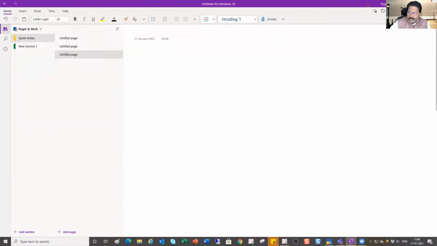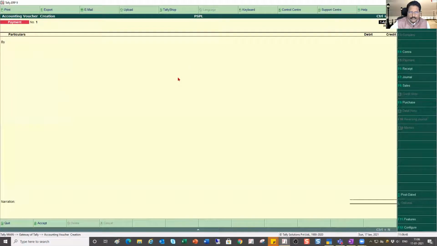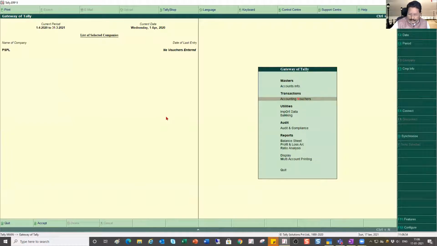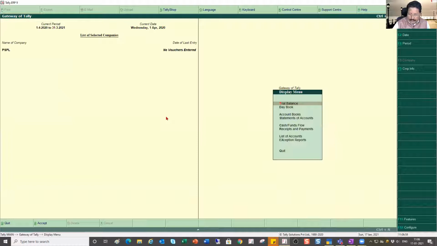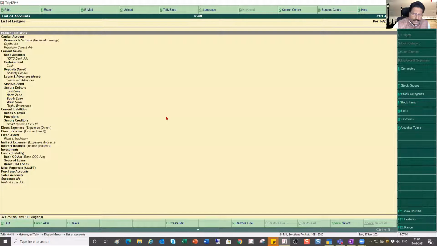But before that, let me show you the different voucher types. How do we see them? I come back to Gateway of Tally, go to Display, and then to List of Accounts. If you can recall, we had seen this in one of our earlier sessions.